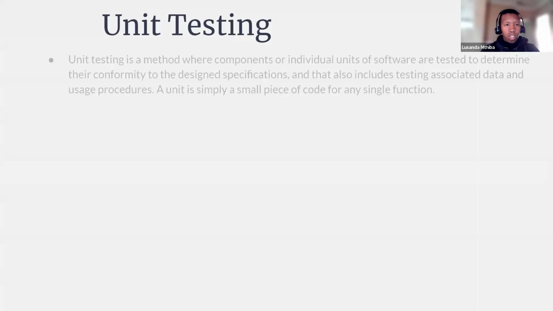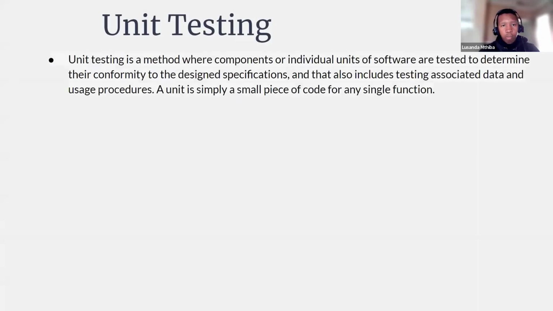So what is unit testing? Unit testing is a method where components or individual units of the software are tested for their conformity to the design specification, and that also includes testing associated data and usability procedures. Unit testing is simply a small piece of code for any single function.